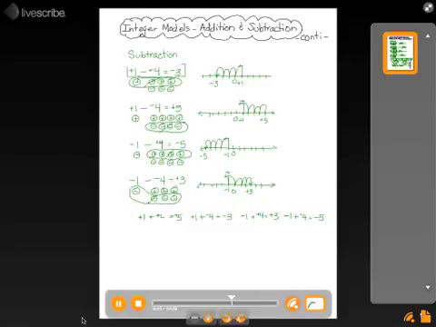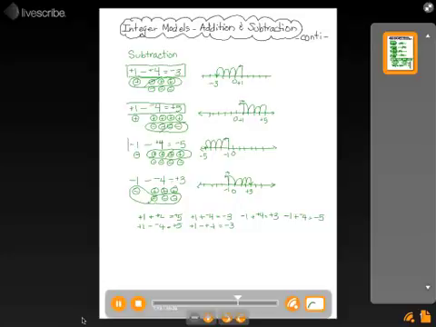So here's +1 minus +4 equals -3. Well, -3 is right here. So +1 minus a +4 is equal to -3. And then we have +1 minus a -4 is equal to a +5.